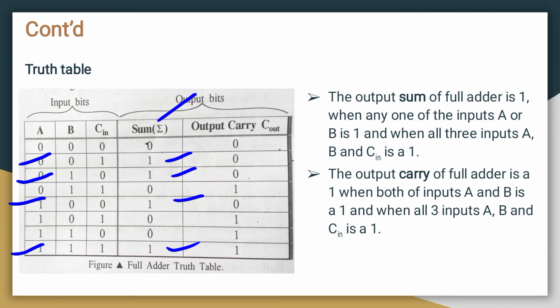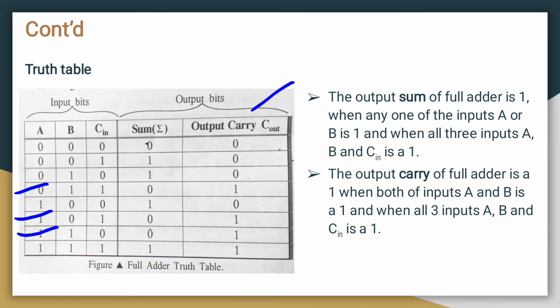So come to the output of a carry, that is C out. So that is the AND operation. Okay, so any 2 inputs are 1, then the output is 1. So here it is 2 inputs of 1, B and C, and here it is 1, 1, and here it is 1, 1.